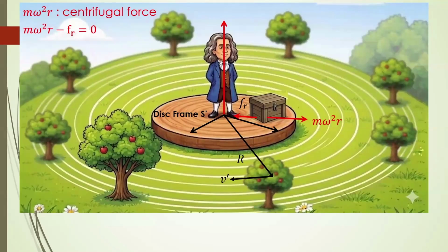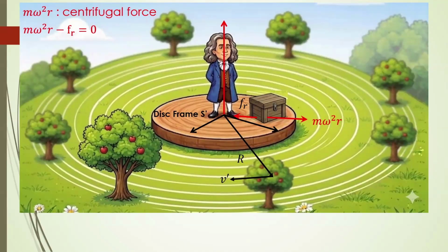And fictitious forces start acting on bodies which are not connected with it. Simple question: are we allowed to say this tree is revolving around the center of this disk due to centripetal force? No, as per definition, no.